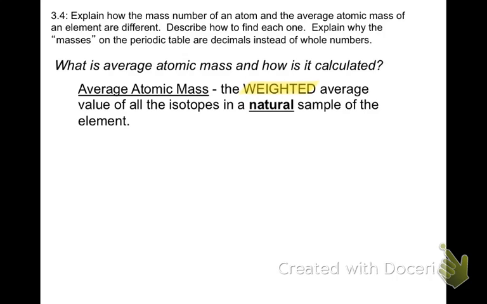So the weighted average of something means that certain parts of it factor in more importantly than others. For example, your grade in this class is a weighted average of a few things. So first you have LTAs, which are weighted at 70%.